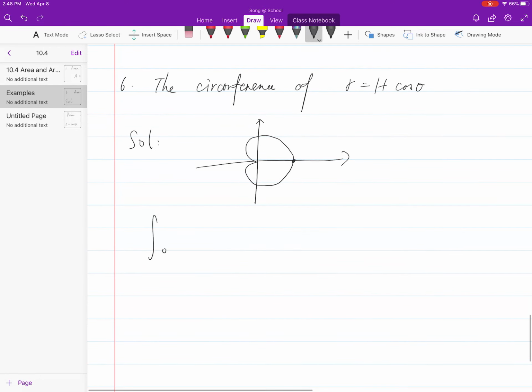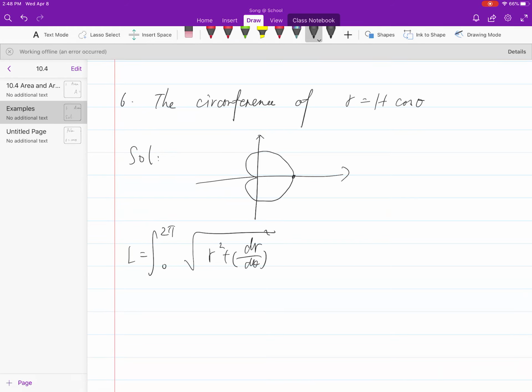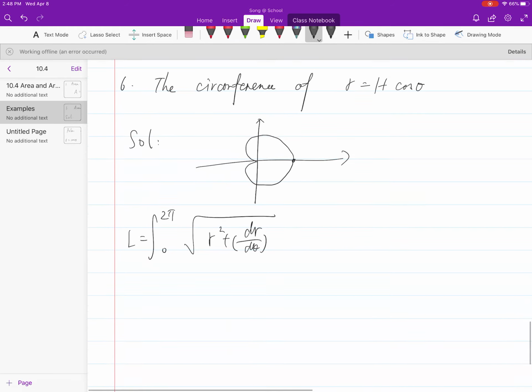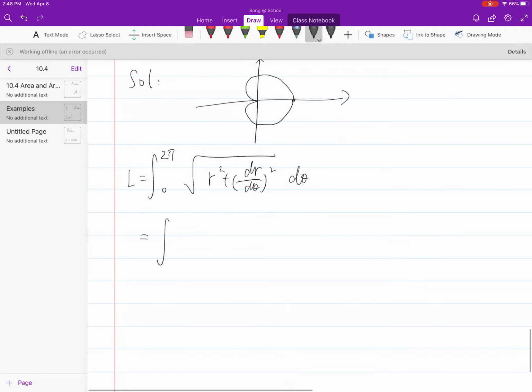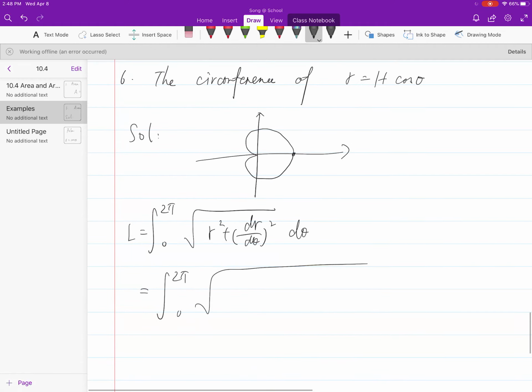Circumference means we want the whole thing, so from 0 to 2π. r squared plus dr over dθ squared. Do you think this one is going to be easy or hard? If it's hard, we have bonus points. Okay, let's see if we can do it easily.